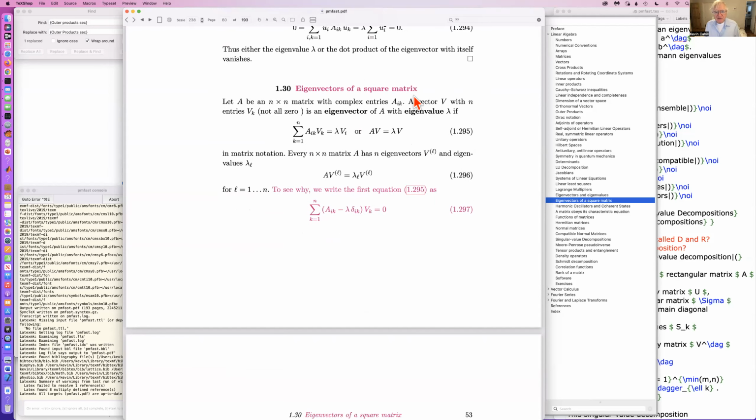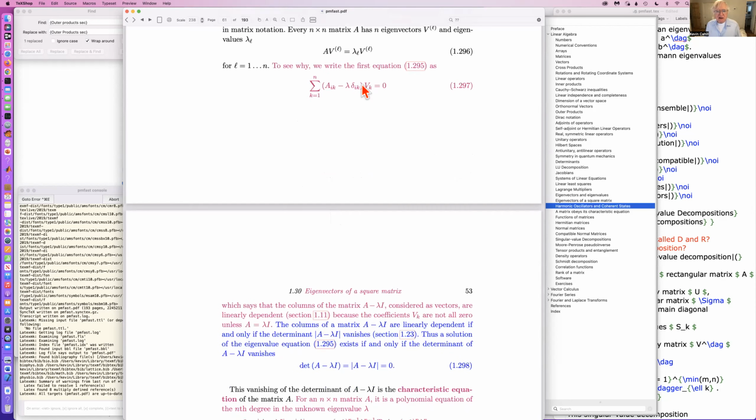The eigenvalues of a square matrix, this is particularly important. If you write the eigenvalue equation with indices, or you just rewrite the right-hand side as lambda delta ij vk, then what you see here is that the coefficients, which are the elements of an eigenvector, are in general non-zero, or not all zero.